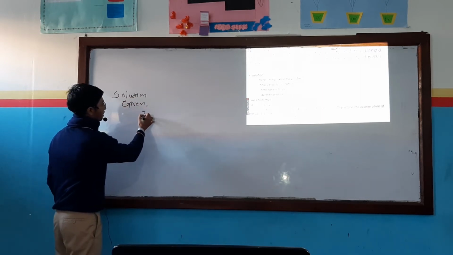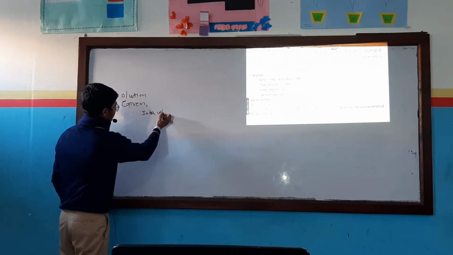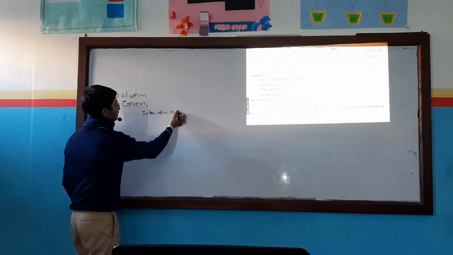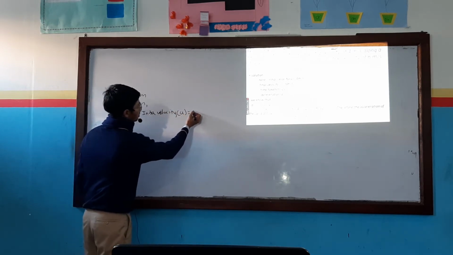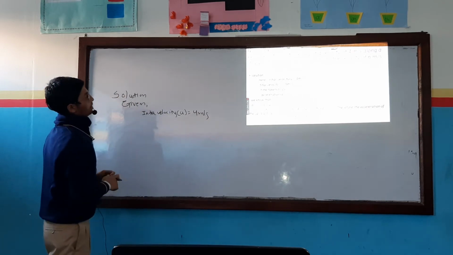Given: initial velocity, denoted by u, is equal to 4 meter per second.